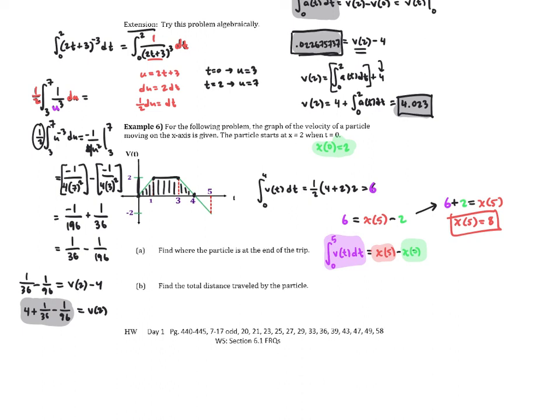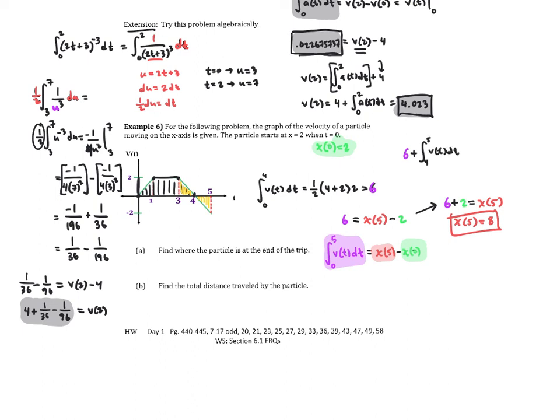Mistake, Mr. Lud. Okay, I only went from 0 to 4. Way to go. I have to add that triangle. That triangle will actually negate a portion of the original area under the curve. So for the area from 0 to 4, I have to then add the area from 4 to 5 of v of t.